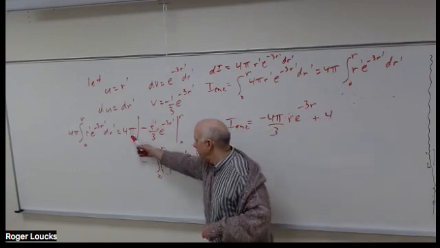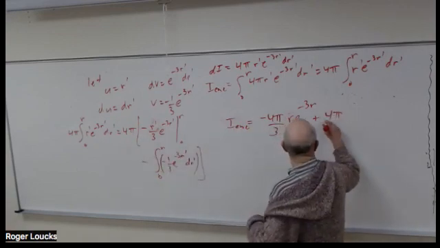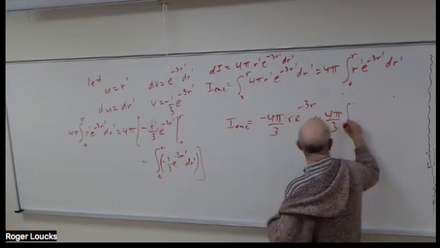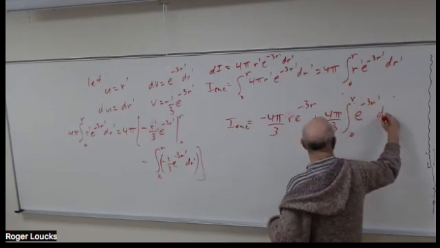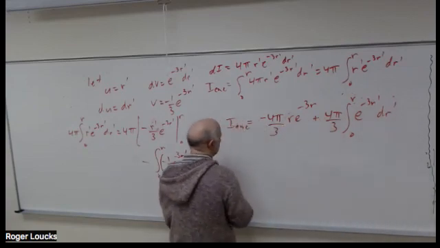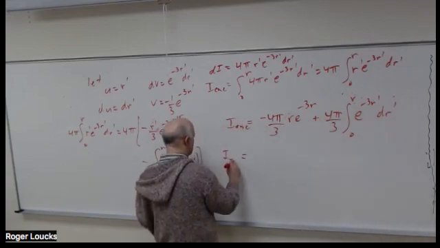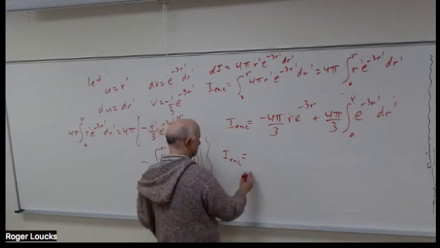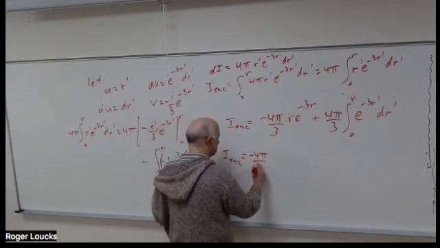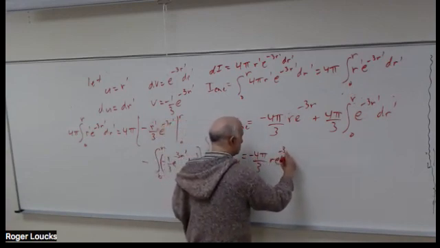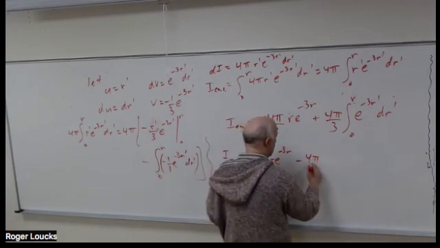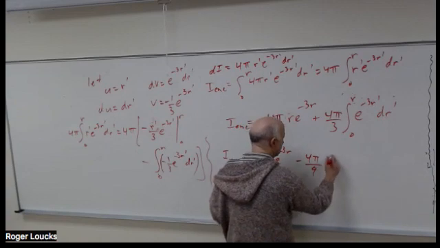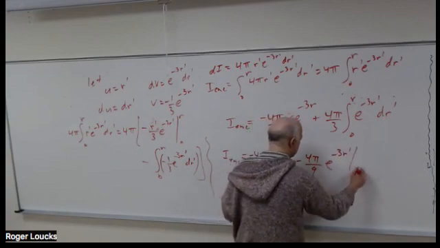So this 4π/3 here, I mean 4π/9 there. What does that equal? So this is going to give us a minus 4π/9, e to the minus 3r prime.